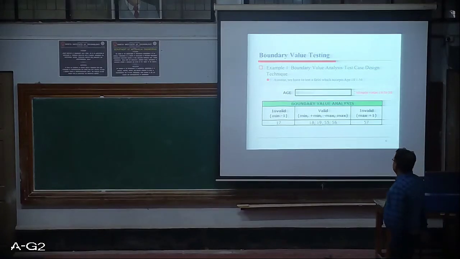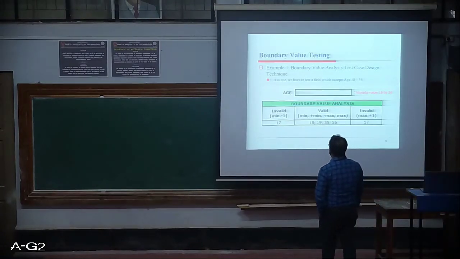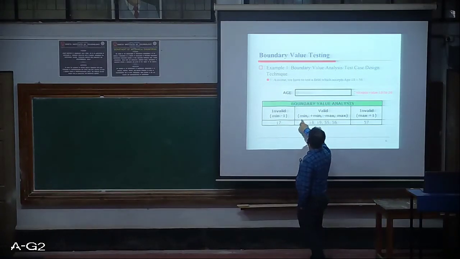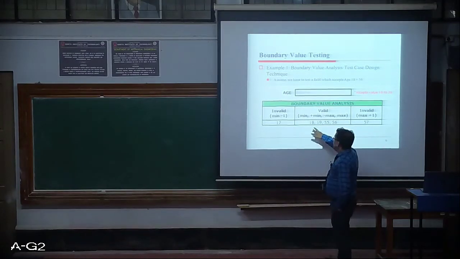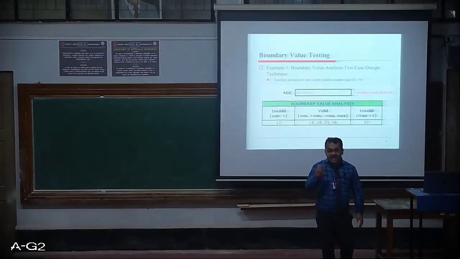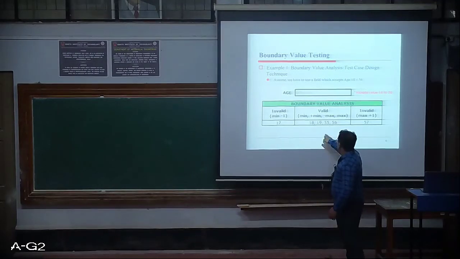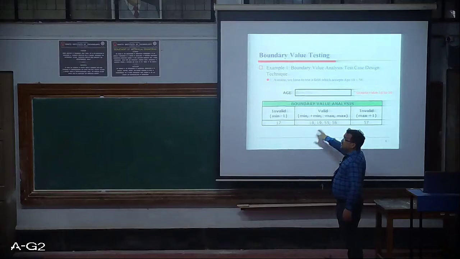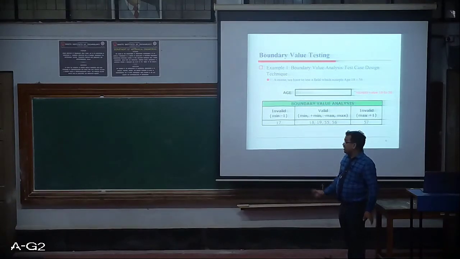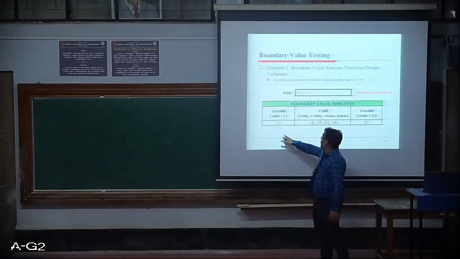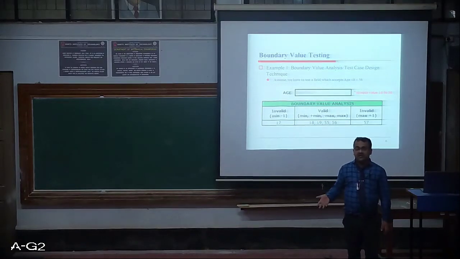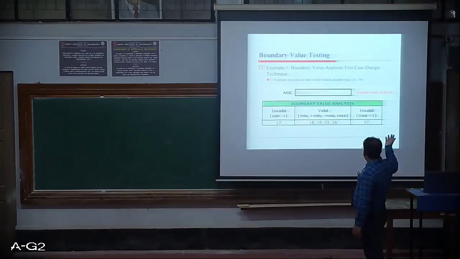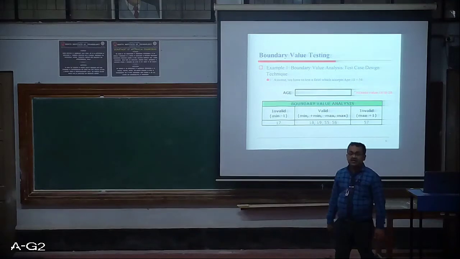With boundary value analysis, the valid boundaries are the minimum, which is 18, just above the minimum, 19, then the maximum, 56, and just below it, 55. So these are the boundary values. And invalid are 17, which is just below the minimum, and 57, which is one above the maximum.